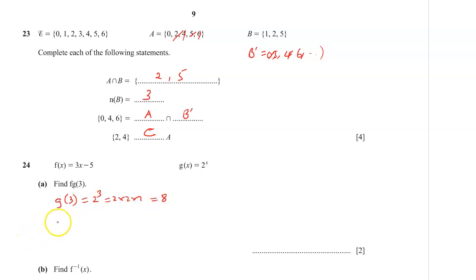Then fg(3) will be f(8). This gives us 3 times 8 minus 5, which is 24 minus 5, which is 19. 19 there.